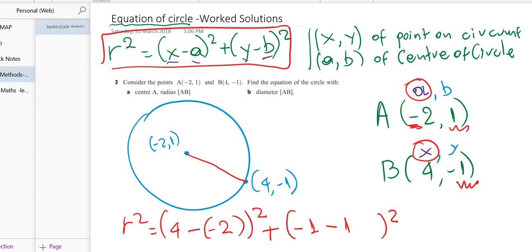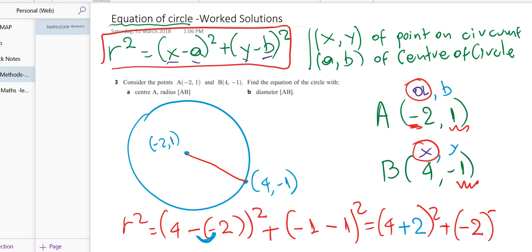You really need to be very careful with your numbers and your signs, because that will make a difference of the world. So this is equal to brackets 4 plus 2 squared plus -1 minus 1 becomes -2 squared.